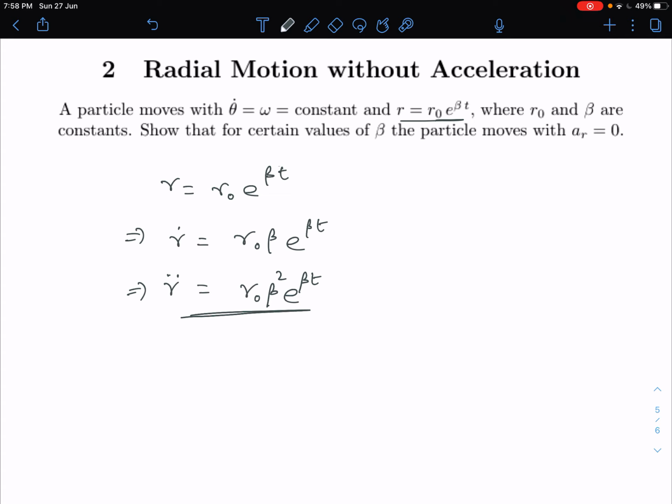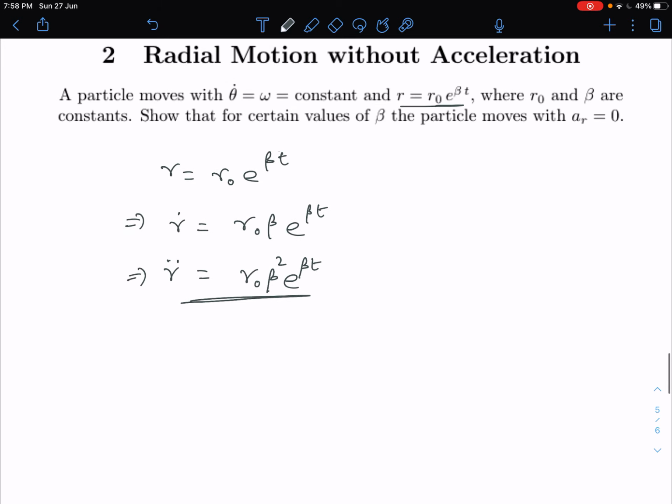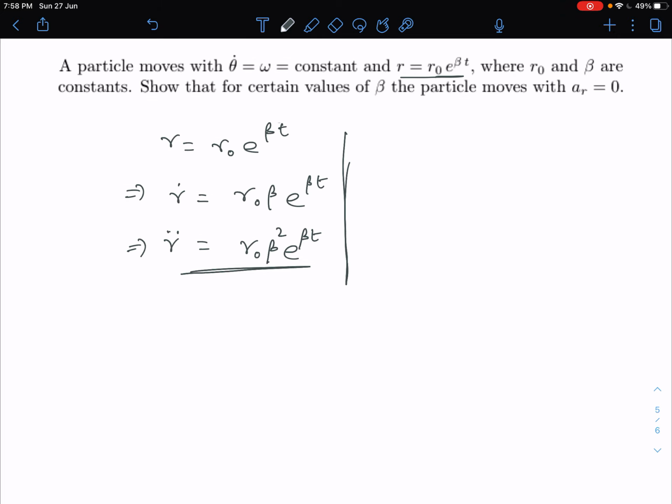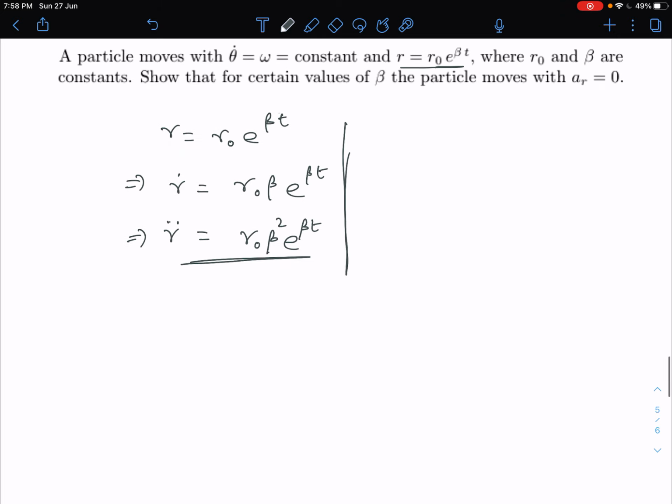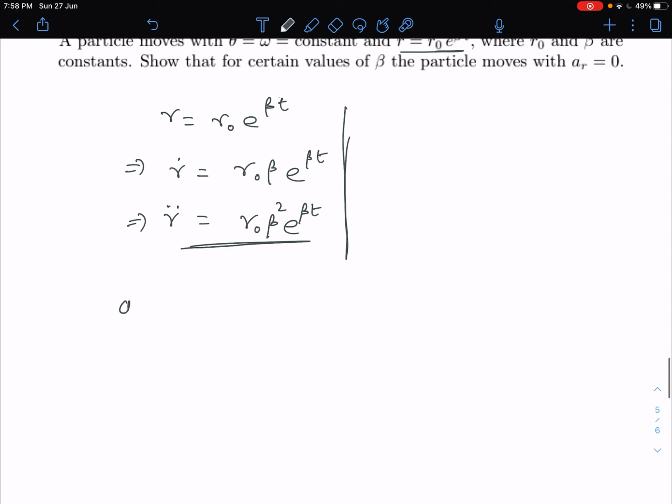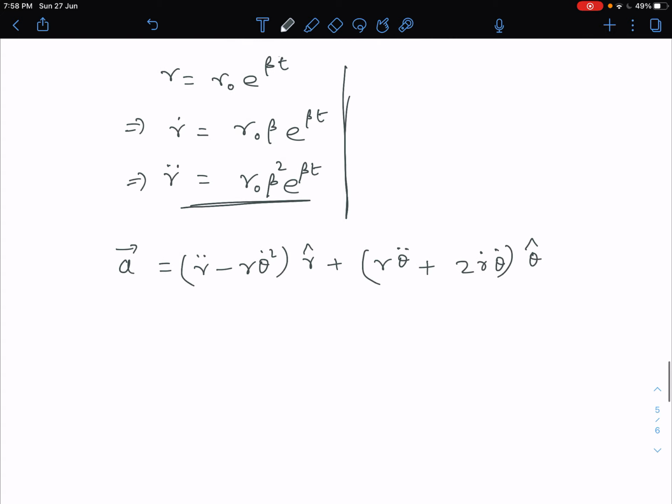So this may be unreasonable from this point of view, but this is the case. So how? Now, what is a? We already know the expression: r double dot minus r theta dot square in the r cap direction, plus r theta double dot plus 2 r dot theta dot in the theta cap direction, right?